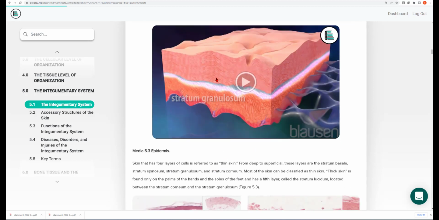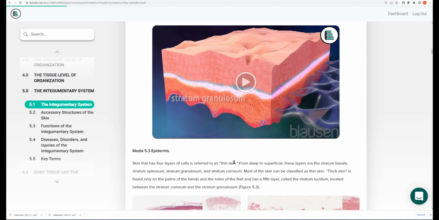Now, I said there were either 4 or 5 layers of cells in the epidermis, and that depends on if we're talking about thin skin or thick skin. The majority of the skin in your body is thin skin, and this thin skin has 4 layers.